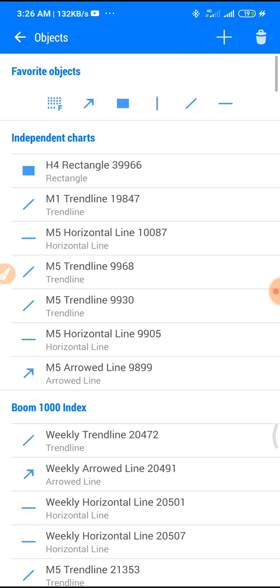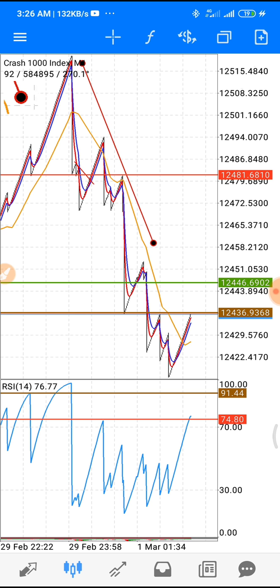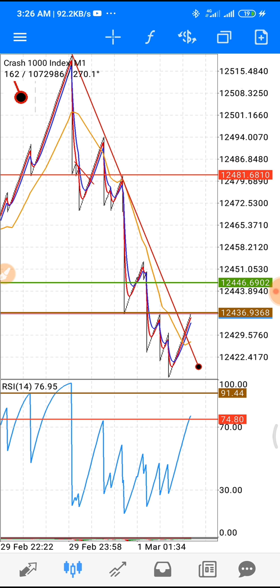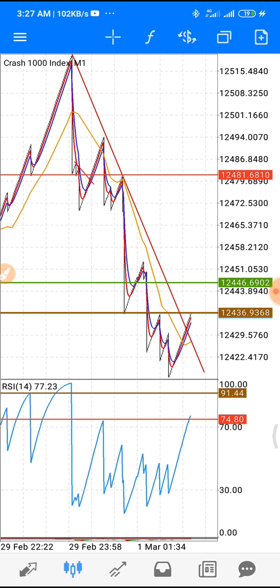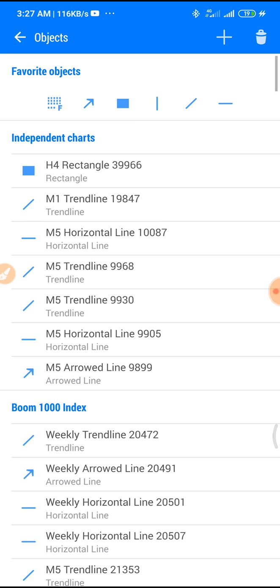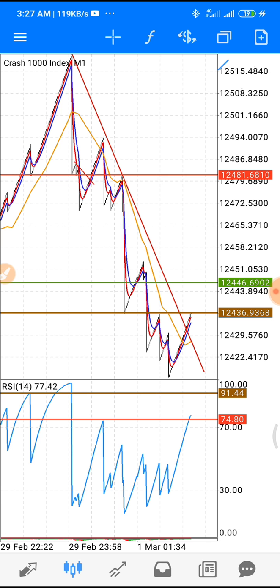Then you can also combine it with trend lines on the main chart. So the same thing I taught you on this RSI can also be used on the main chart, but the RSI works more perfectly than the one on the main chart sometimes. So for example, see this trend line here.